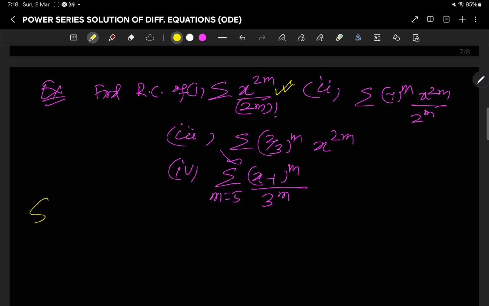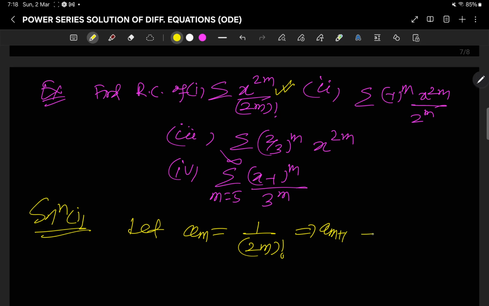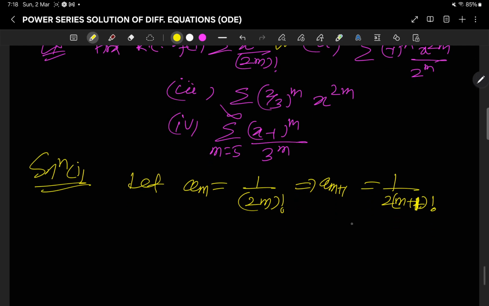Okay, so solution of I. Here let a_m be equal to 1 by (2m) factorial, right? So this implies a_(m+1) will be 1 by (2(m+1)) factorial, meaning 1 by (2m+2) factorial.